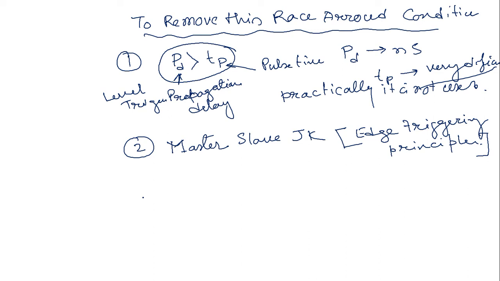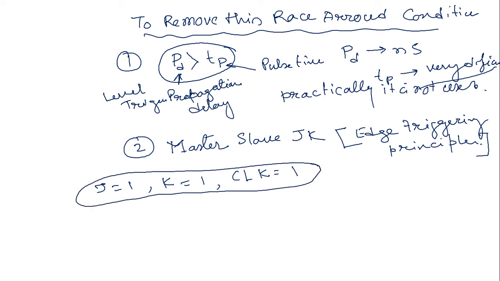We want to remove the race around condition that arises in the JK flip flop when J equals 1, K equals 1 and clock equals 1. That is the race around condition. So now we can start the master slave flip flop.